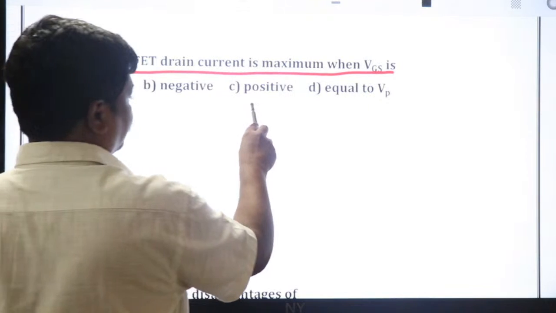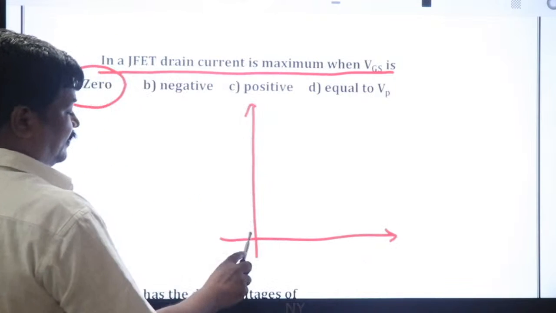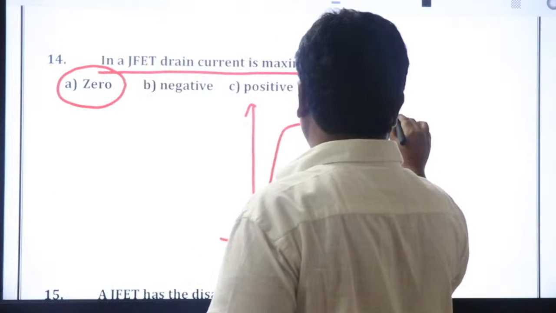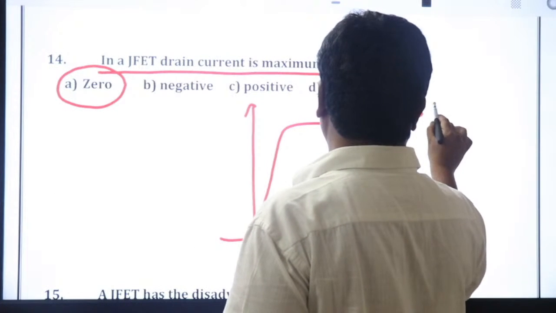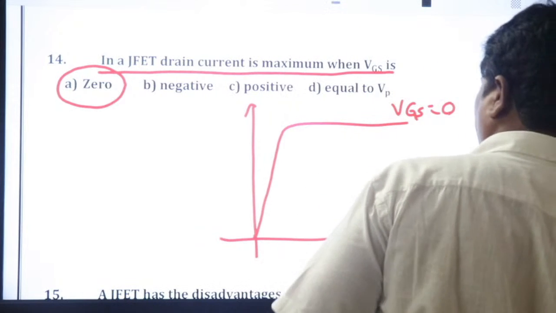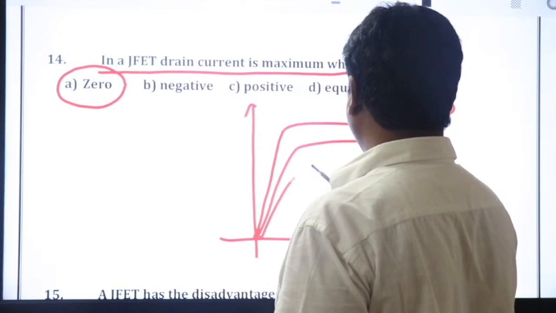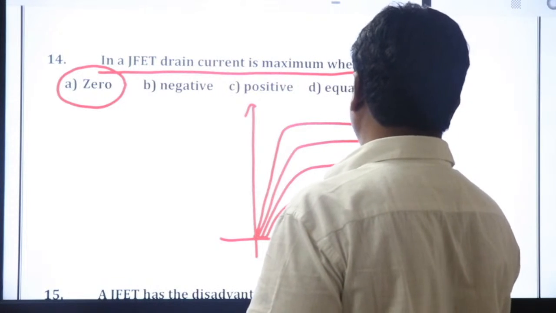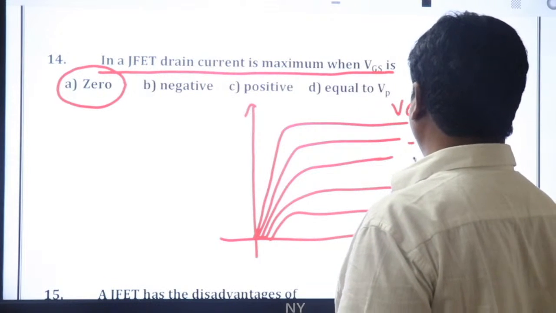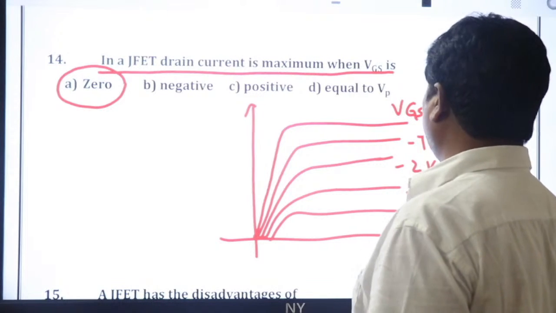See here how the characteristics will come. This is the characteristics when VGS is equal to 0. Thereafter, our characteristics become like this, for VGS equal to minus 1 volt, minus 2 volts, minus 3 volts, minus 4 volts, something like that.